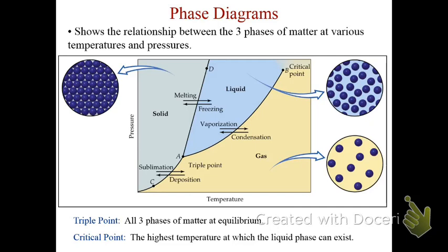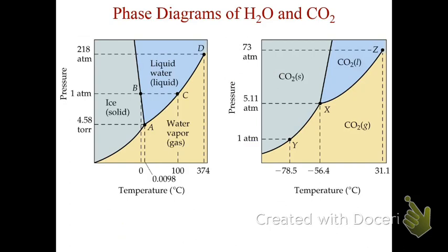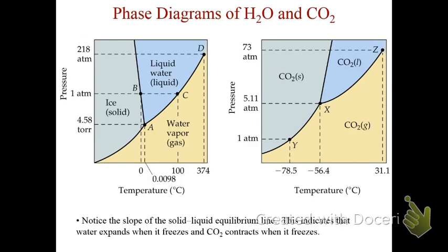Given these two diagrams, you can see the differences between them. I have water and carbon dioxide. Notice the slope of the solid-liquid equilibrium line, and notice what happens between water and carbon dioxide. You have a different slope here for water.